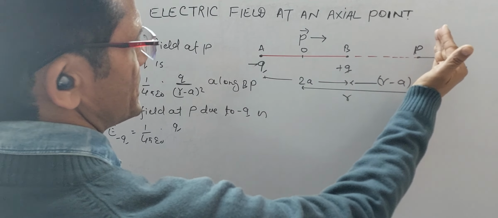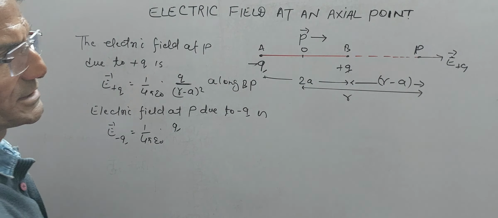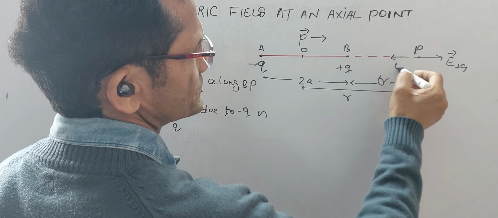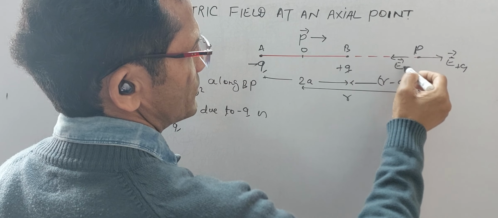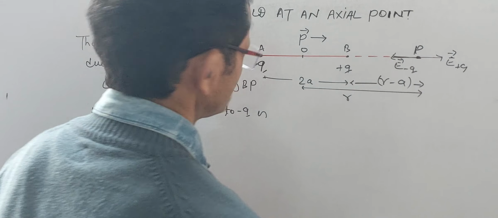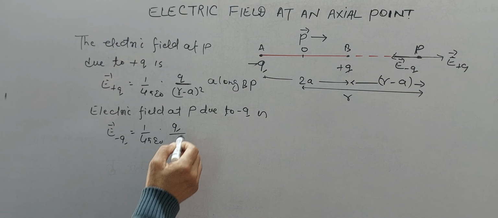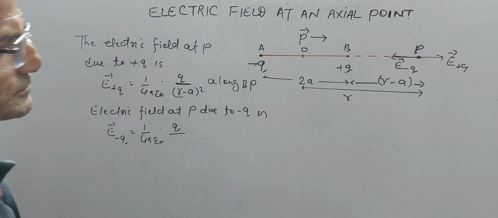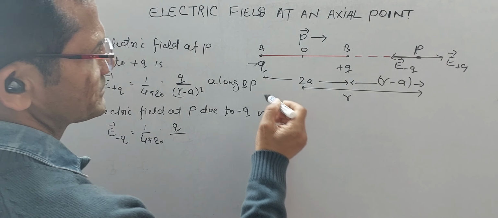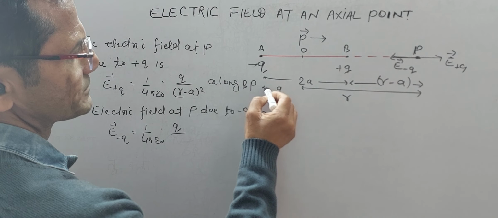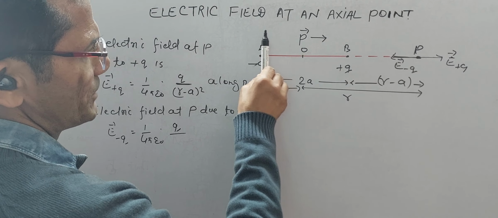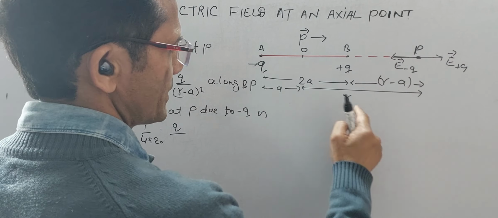This direction will be towards the negative charge, so the electric field due to this will be along this. Now the value becomes, this is r and this is a, so the total distance between A and P is r plus a.